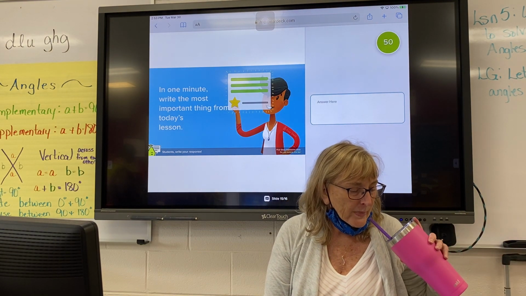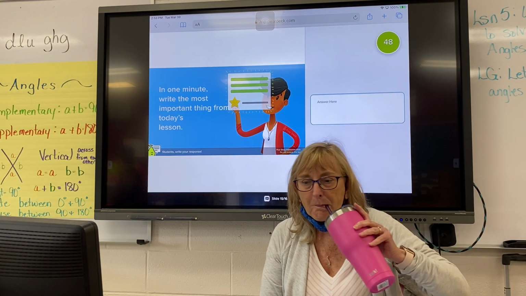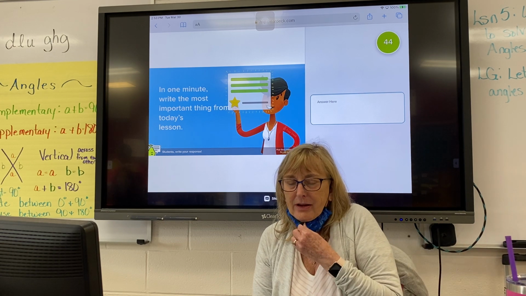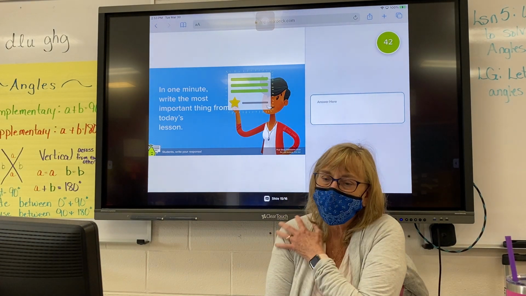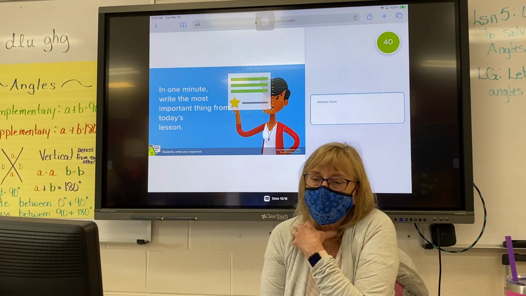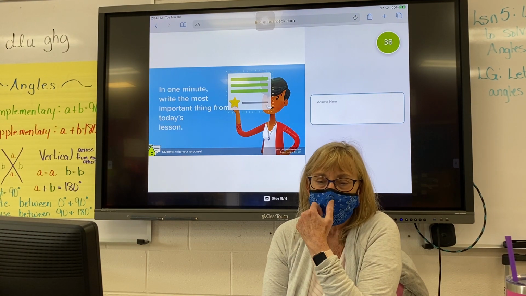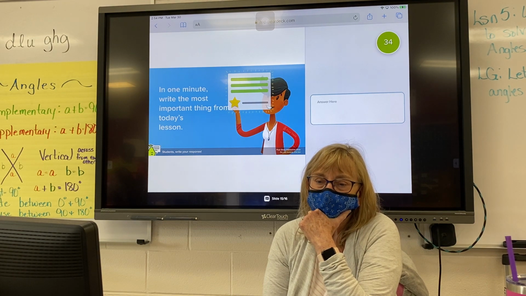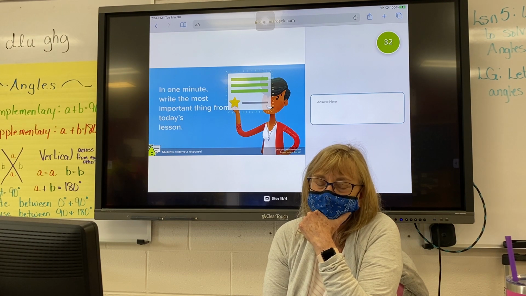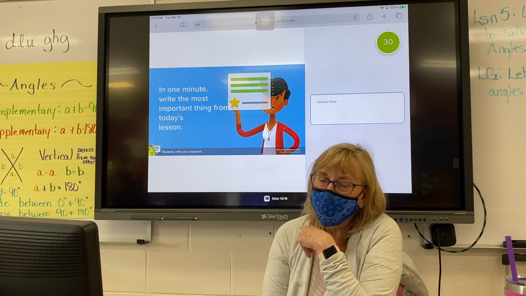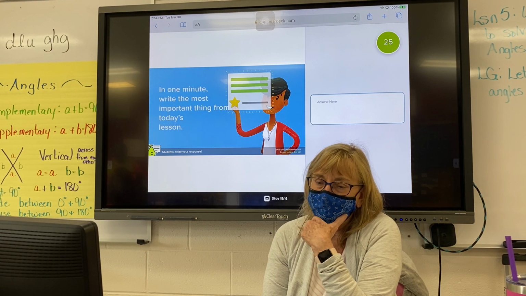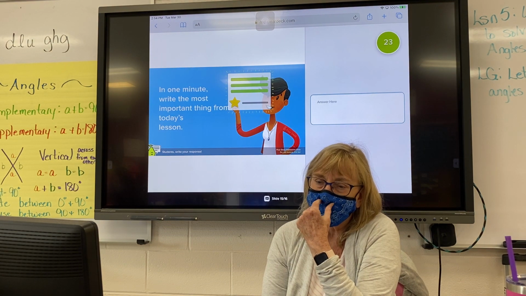Type it, let's go. Whether it was remembering complementary, supplementary, vertical, learning how to write that equation, solving equations, maybe it was the inequality problem, maybe it was the constant rate problem.